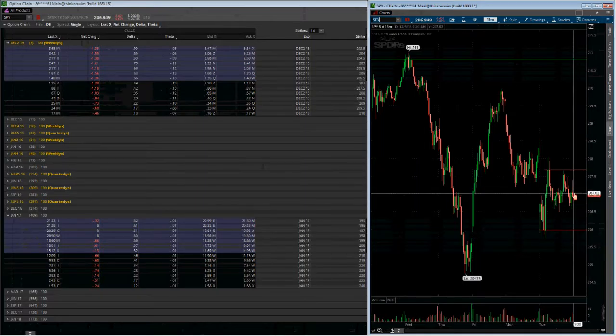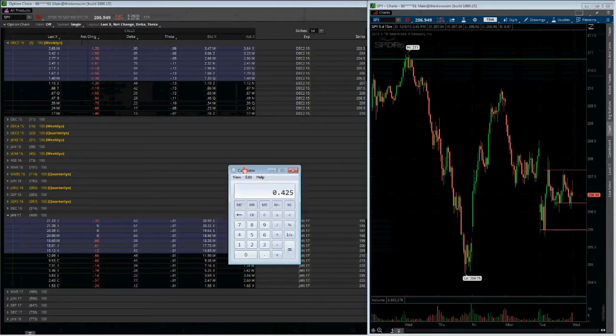Now, one way that I would look at that is if I need a 42.5-cent gap down to break even tomorrow, if I closed at 206.96 and I need minus 0.425, so 206.53, where is my support at?